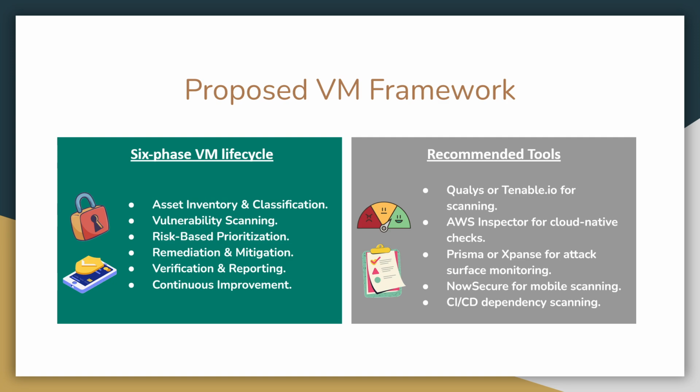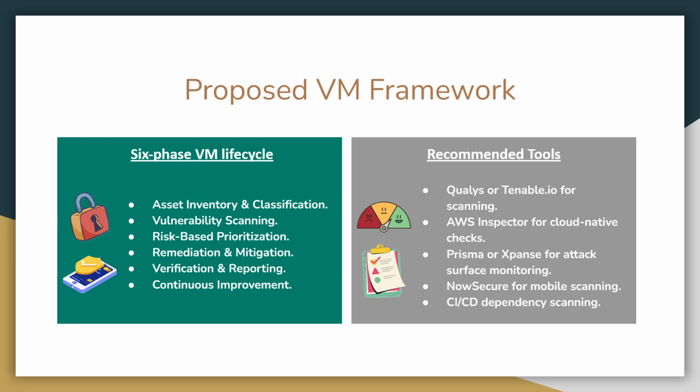Second, vulnerability scanning. Performing automated scanning across servers, endpoints, applications, cloud resources, and APIs. Third is the risk-based prioritization. To use CVSS scoring, exploit availability, and data sensitivity to triage vulnerabilities.